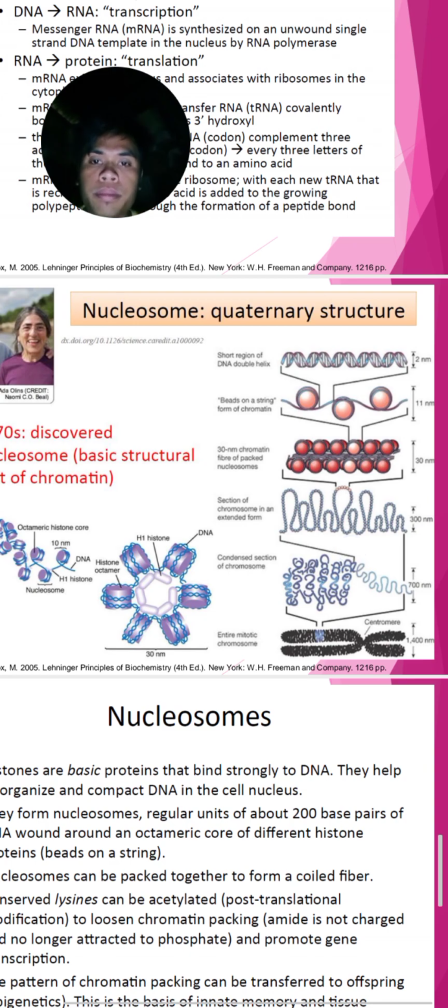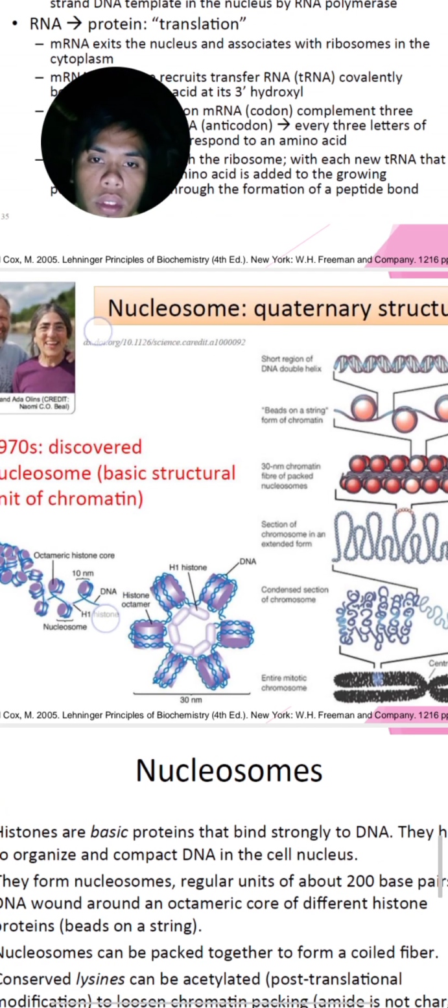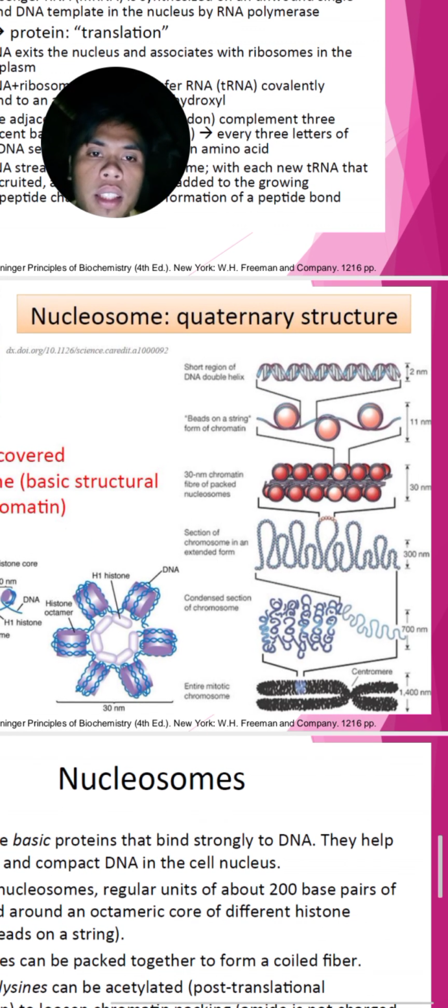So this is the formation of the nucleosome or quaternary structure. A short region of DNA double helix is 2 nm. The beads-on-a-string form of chromatin is 11 nm.